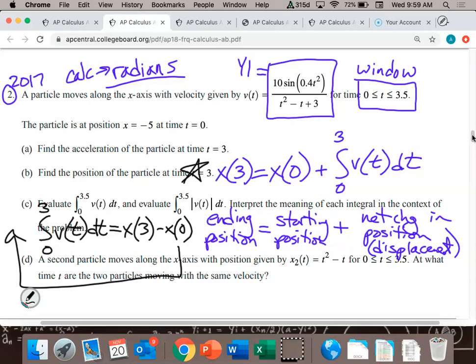So it's better if you start learning ending amount equals beginning amount plus net change. Right now we're doing position, but next we're going to do a problem about people. So the number of people at the end is the number of people at the beginning plus the net change in your people. Right? Okay.